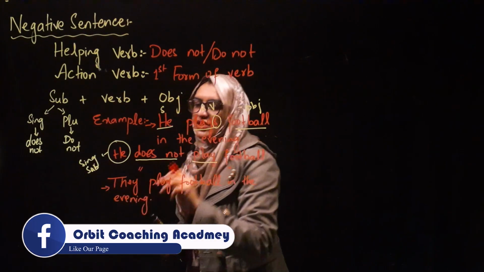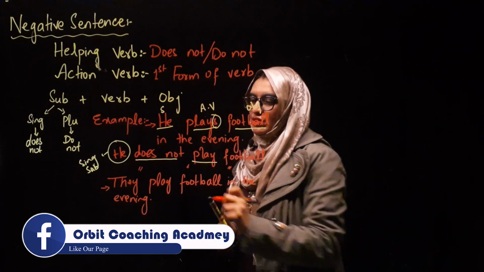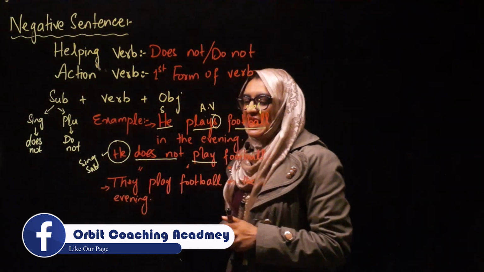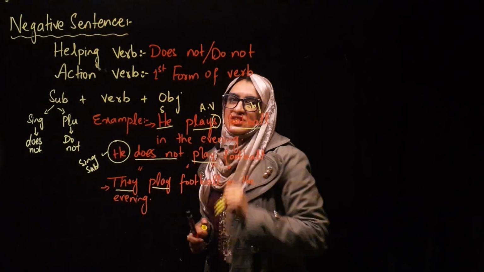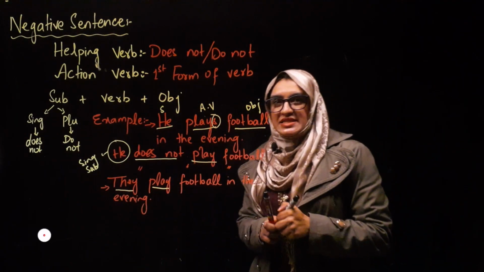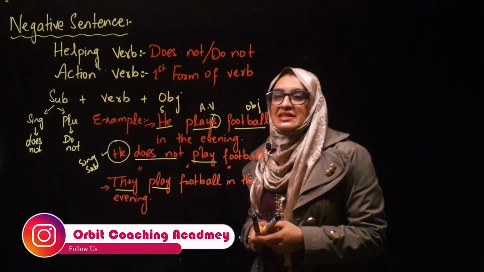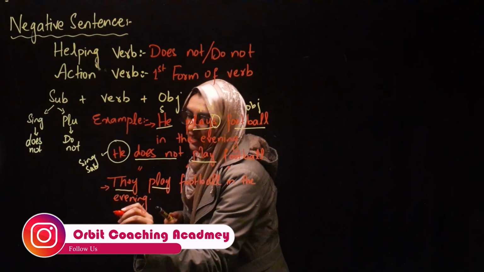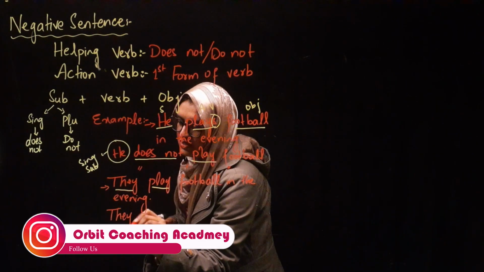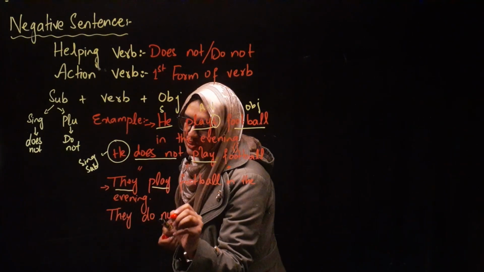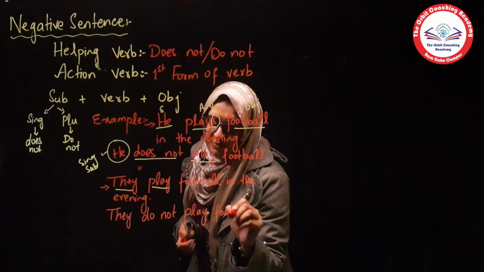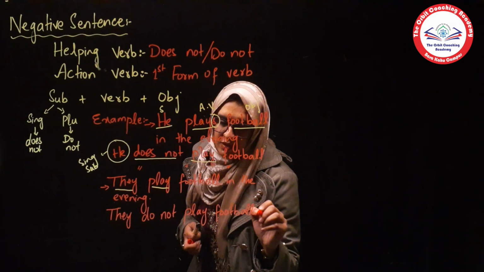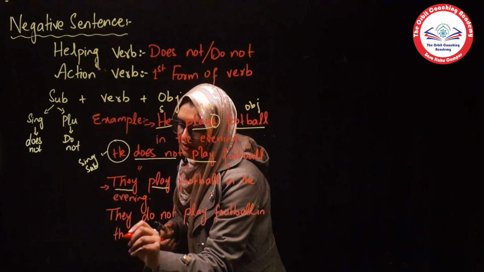Now you can recall the previous rule which I told you, that with they we use the first form of verb and we do not use s or es with this one. And the second thing, how do we make the negative of this? We just have to add do not in this one. They do not play football in the evening.